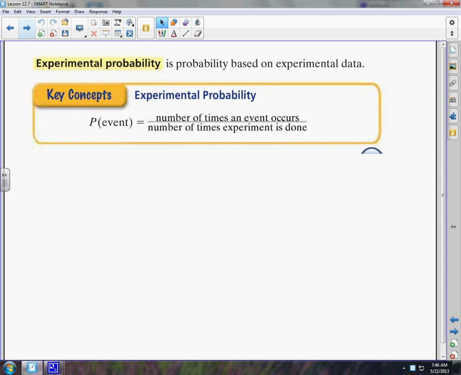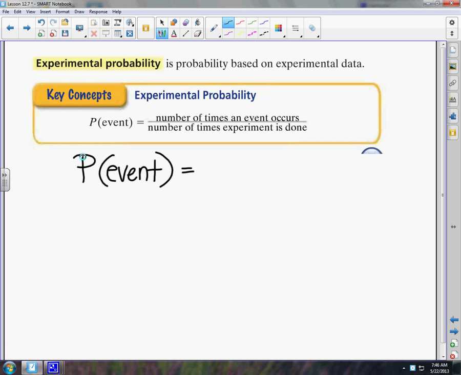So the probability of an event happening is written like this with the P of the event. So the probability that I make my free throw is the number of times an event occurs divided by the number of times I try.